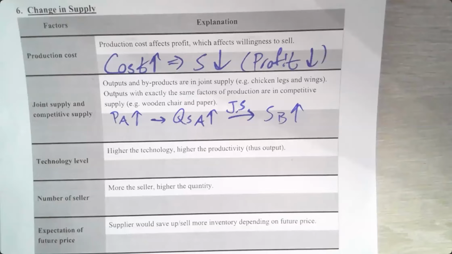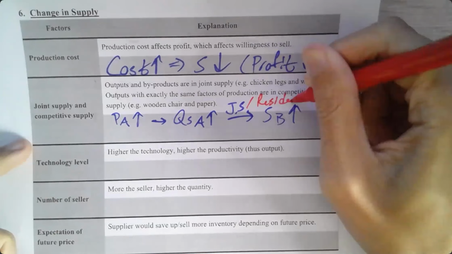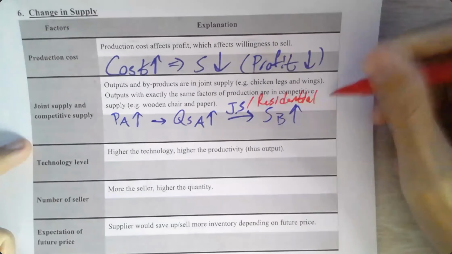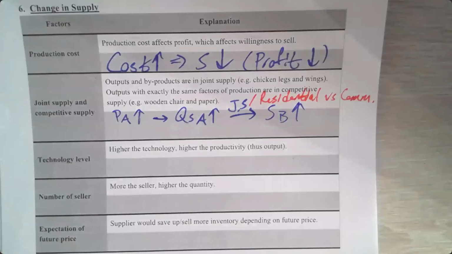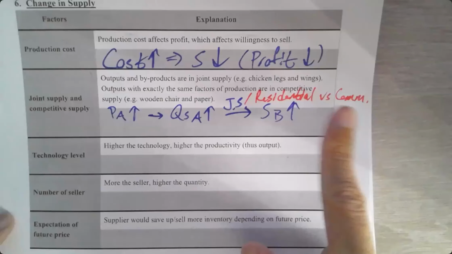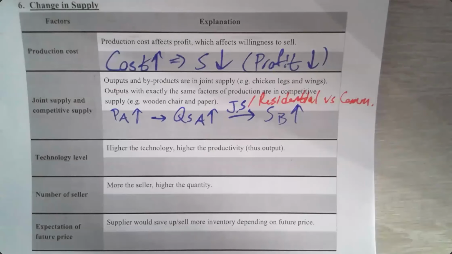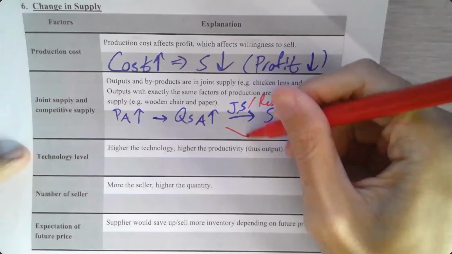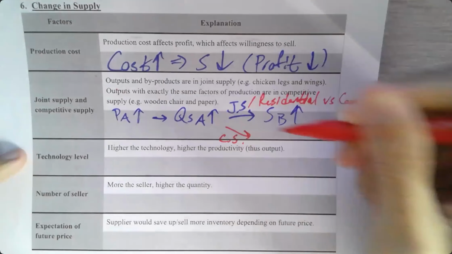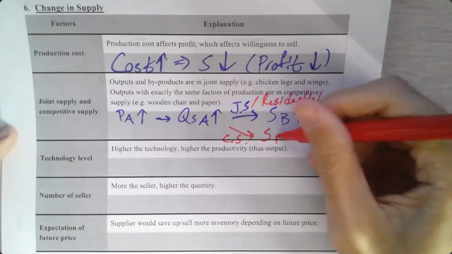A piece of land is used either to build flats or commercial buildings, right? Either residential flats or commercial buildings. So in this case, if this is competitive supply, then supply of B would decrease.